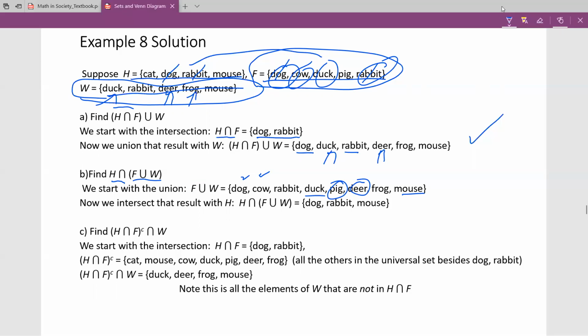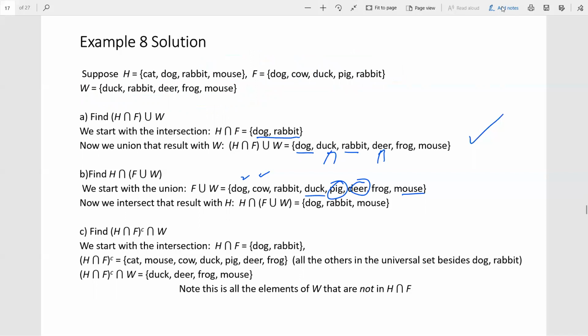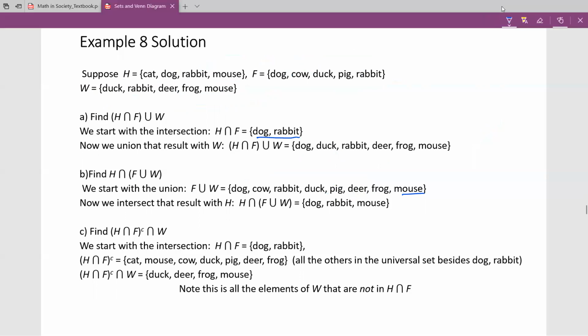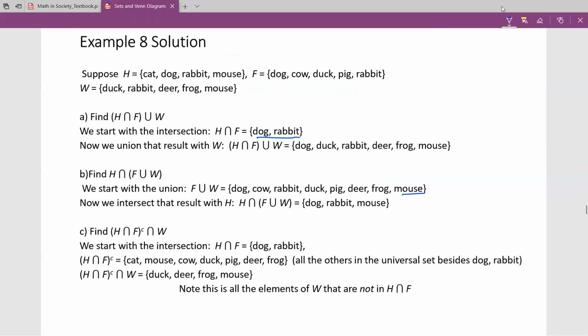Let me erase a little bit here so we can see what we have. Okay.